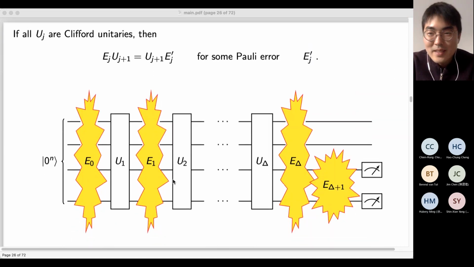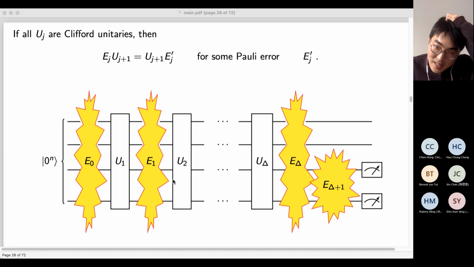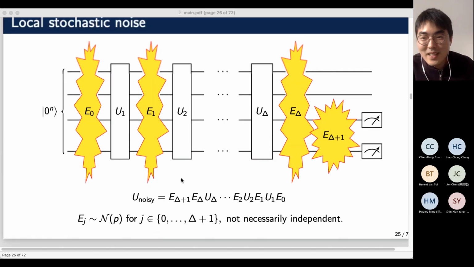Sorry, can you remind me which qubits the two measurements are acting on? Do you mean this one? Yes, they are measuring on the first and last one, the A1 and AR. Oh yeah, okay.